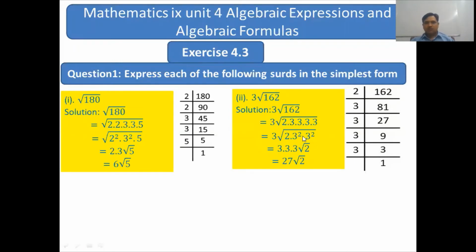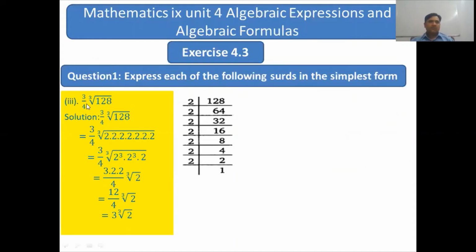So we can take outside this 3 and this 3, out of the radical sign. So 3 3s are 9 and 9 3s are 27. So 27 square root of 2. So this is the simplest form.